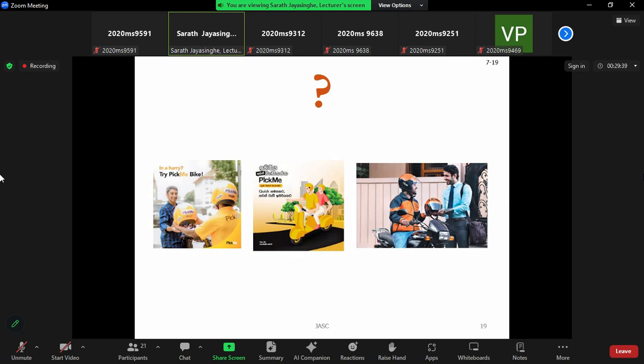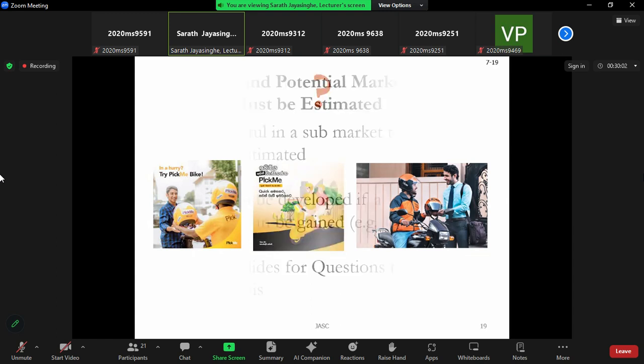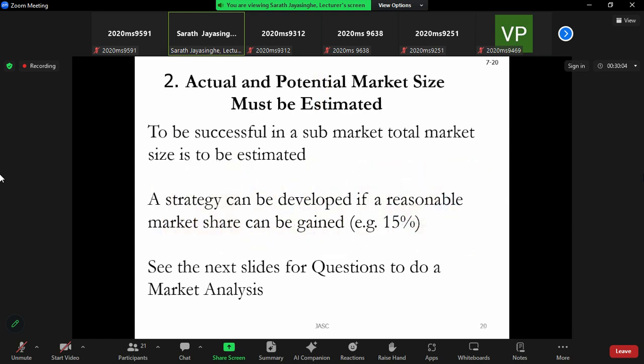You can hire a vehicle, but this is a special category compared to Pick Me, tricycles, three-wheelers or compact cars. Now you can use motorbikes also. That means you are going into different niches. And actual and potential market sizes.